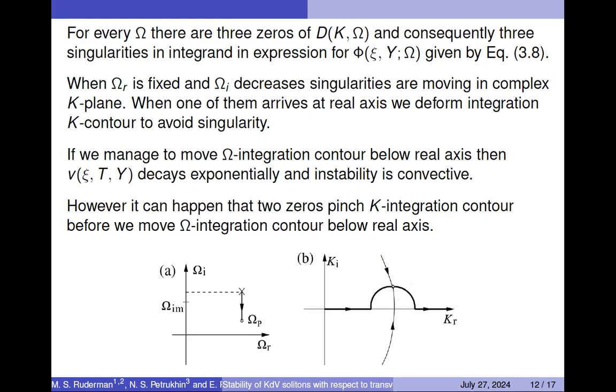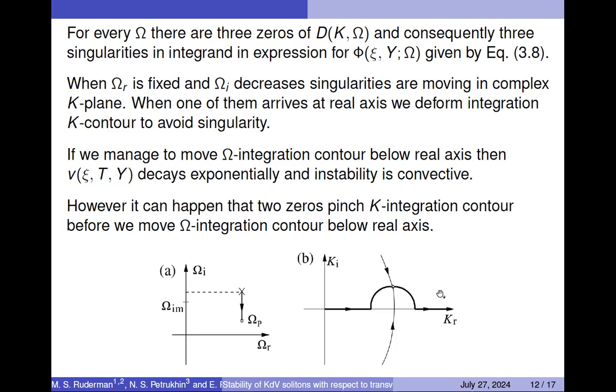If this happens when omega still has a positive imaginary part, then our instability will be absolute. The perturbation will grow at a fixed spatial position. But if it doesn't happen before we move the contour below the real axis, then the instability will be convective.